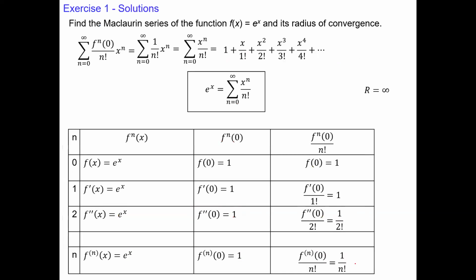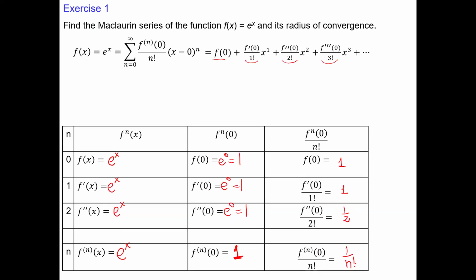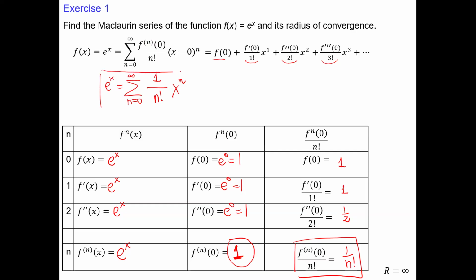So I can write this formula: e to the x, the nth derivative at 0 is 1 over n factorial, and then x to the power of n. That means this is the formula that we need.